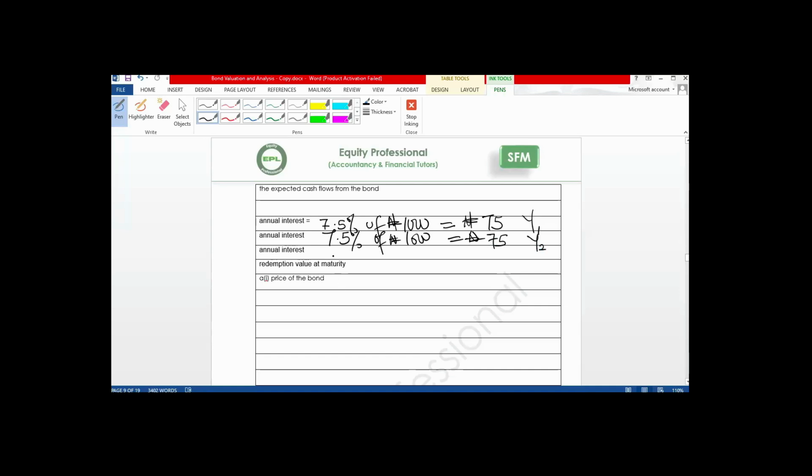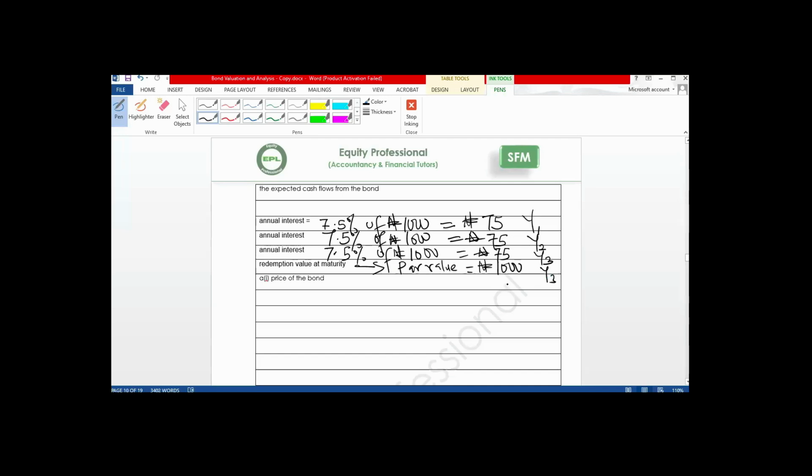That's year 2. Year 3. Remember, the bond is for 3 years, so you are going to calculate the interest from year 1 to maturity. This is year 3. Then the redemption value at maturity. This will be redeemed at par value. The par value is the face value, 1,000, in year 3.